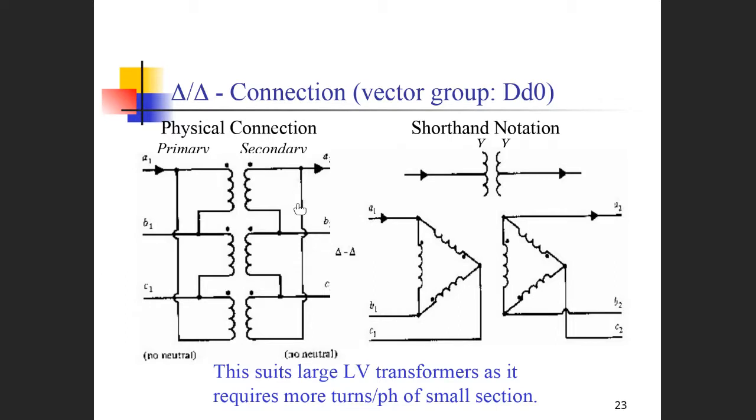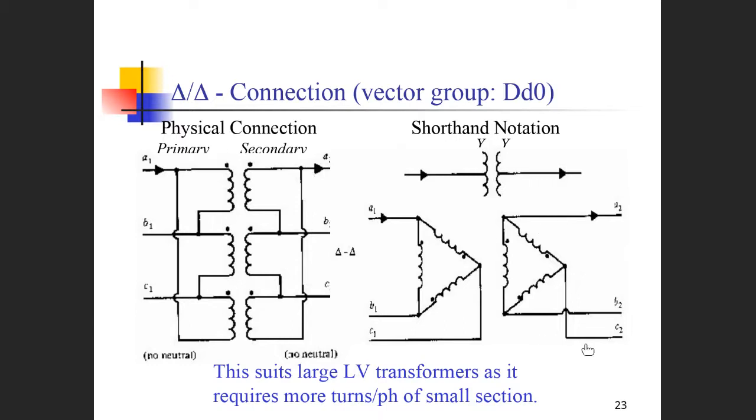Similarly, for the secondary side, the ending points of A2 to the starting points of B2, and the ending points of B2 to the starting points of C2, and the ending points of C2 to the starting points of A2.